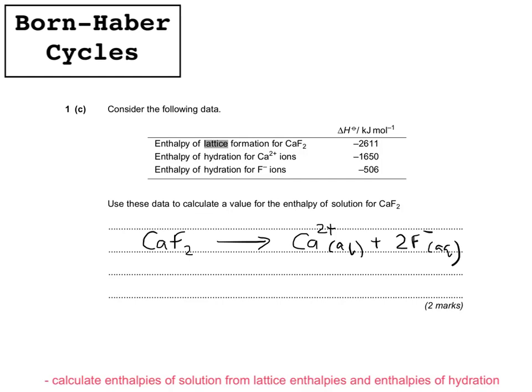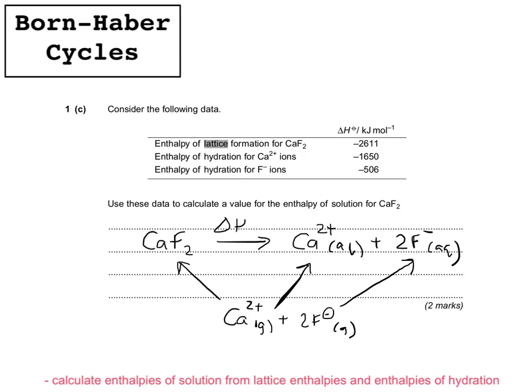Now actually the lattice formation for CaF2 is going from Ca2+ as a gas and 2F- as a gas to the CaF2. That is the lattice enthalpy. But also the enthalpy of hydration for Ca2+ ions and F- ions is going from the gaseous ions to the aqueous Ca2+ and the aqueous F- ions. So we can just use this very simple Hess cycle.